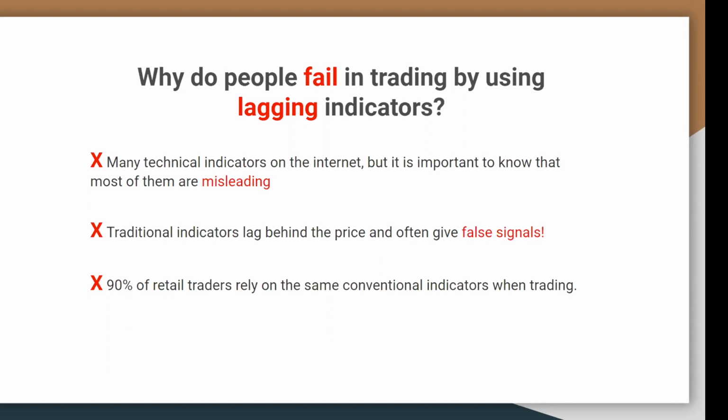Also, you have to realize most retail traders pretty much use the exact same thing. They use moving averages, they use MACD, they use TTM squeeze. They pretty much use the exact same thing. So most hedge funds know this, right?